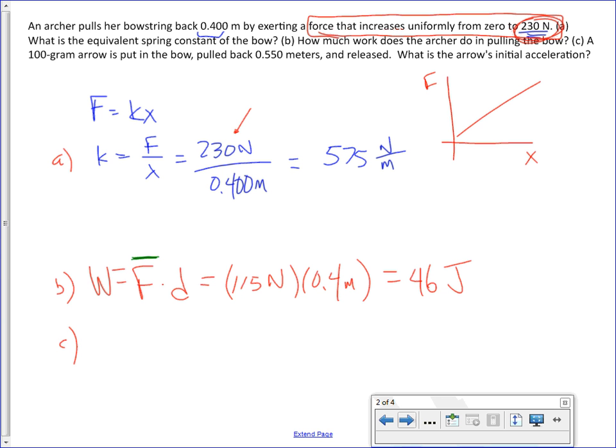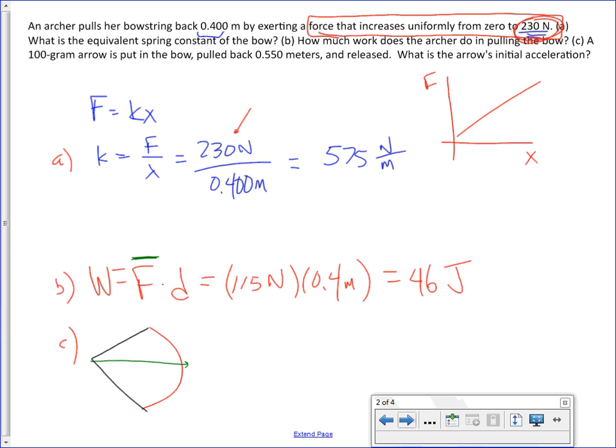Part C says a 100-gram arrow is put in the bow, pulled back 0.55 meters, and released. What's the arrow's initial acceleration? So here's the deal. We've got the bow, here's the string, here's the arrow.